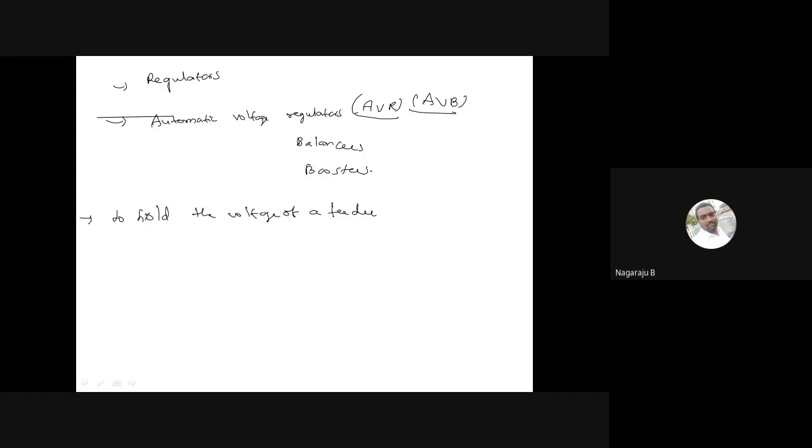So this is about holding the voltage and maintaining the voltage within a particular limit.